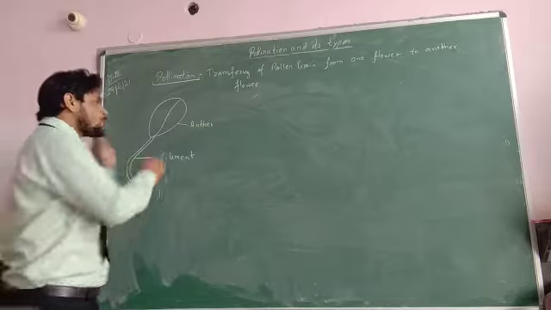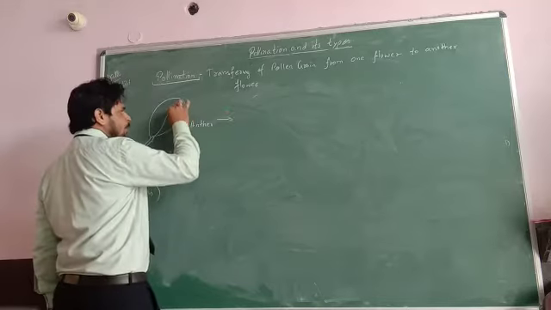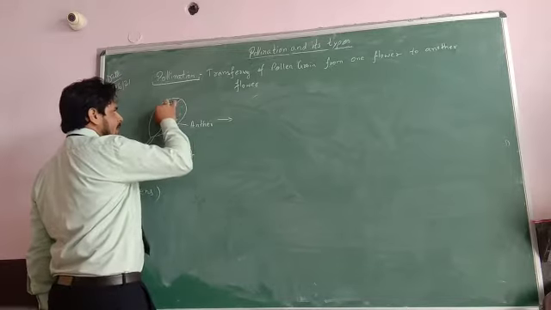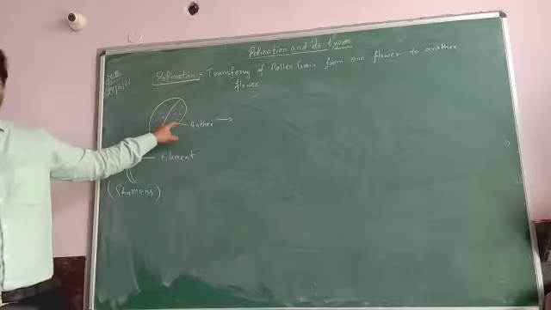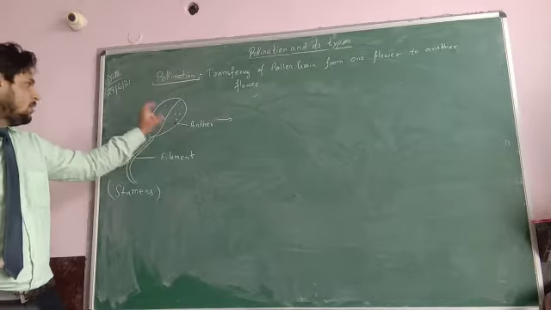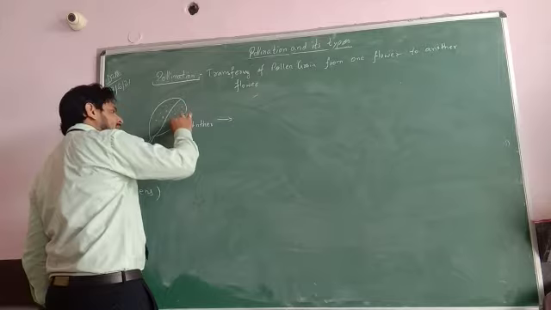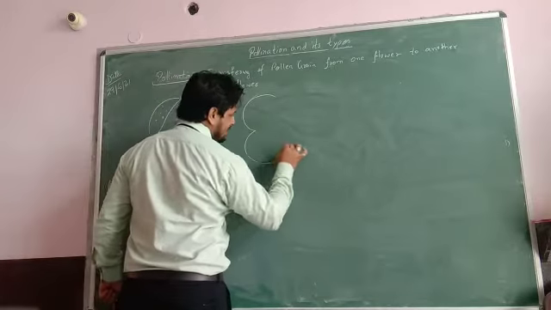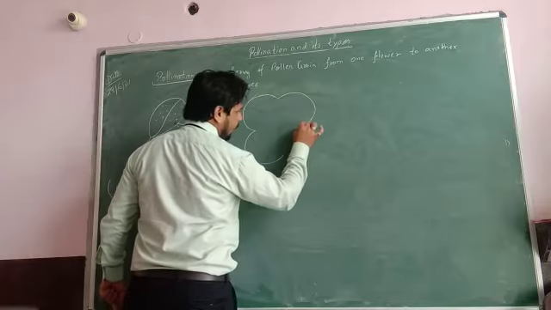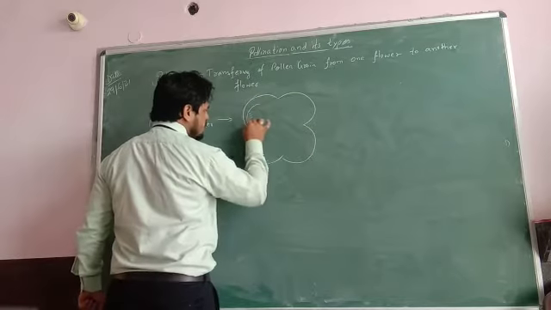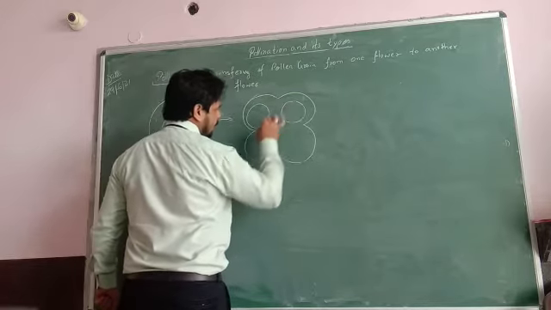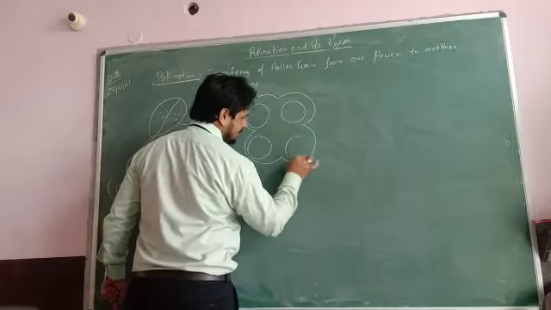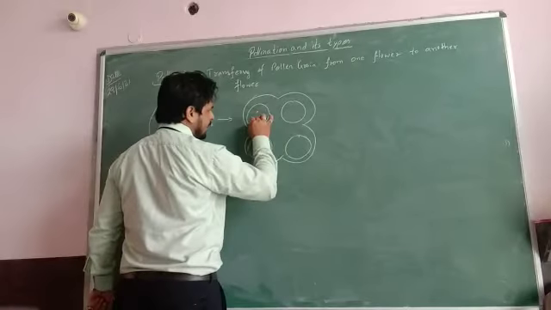The anther produces pollen grains, and these pollen grains are produced within the pollen sac. When we cut a section of the anther, we observe the pollen sacs, which contain the pollen grains.